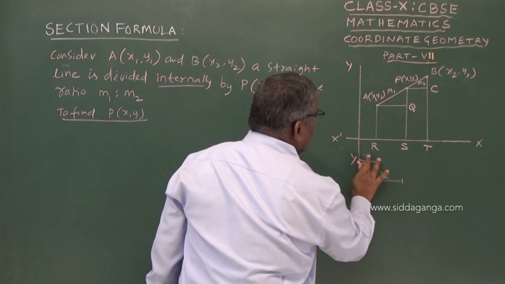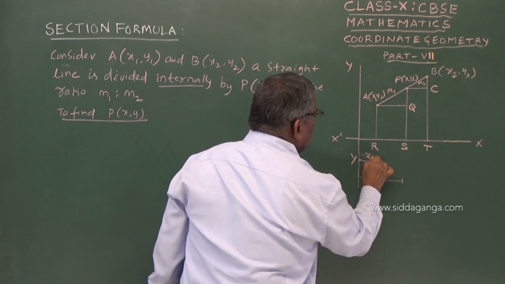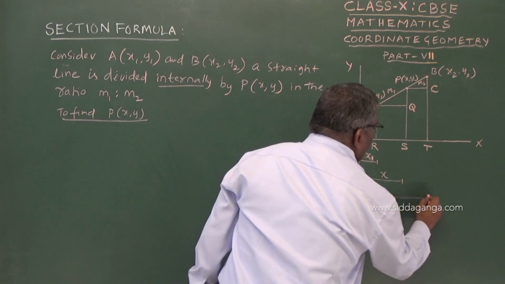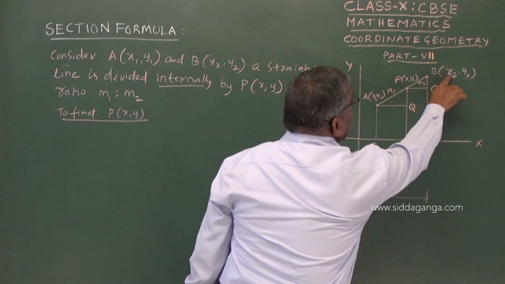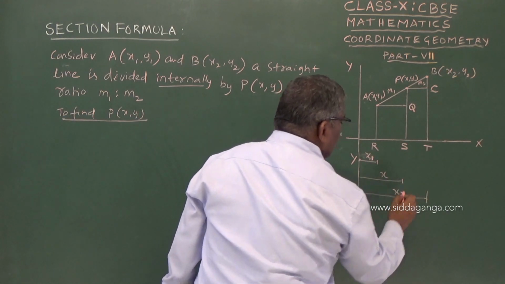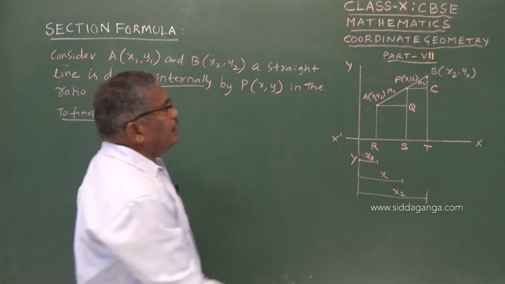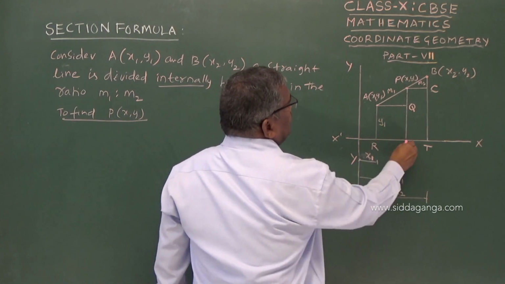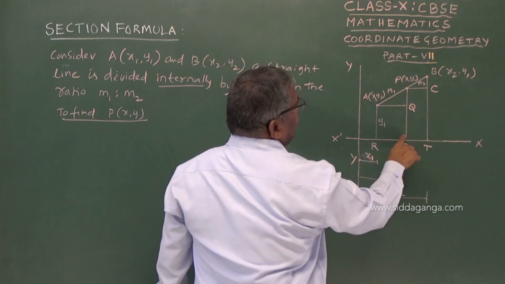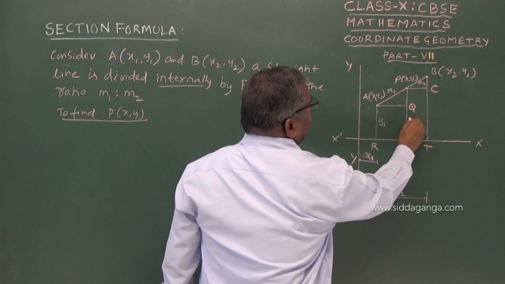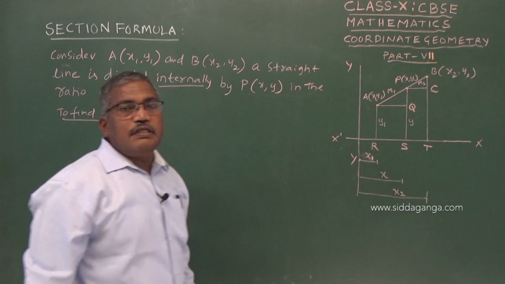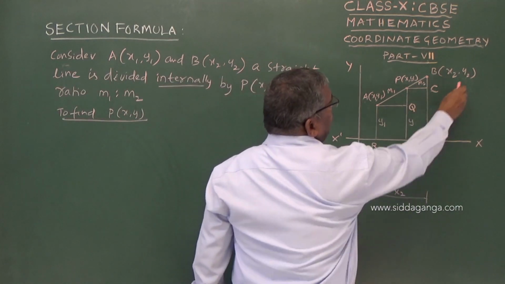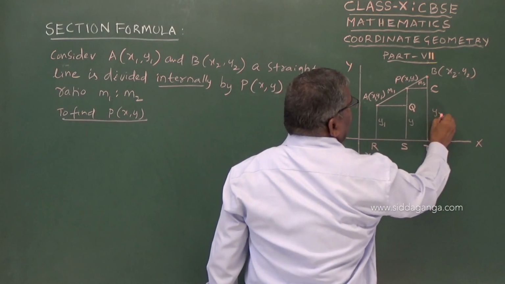This is x1, this is x, and this one from here to here is x2. Similarly, this height is y1. This height here from P to S is y, and BT, this total height, is y2.